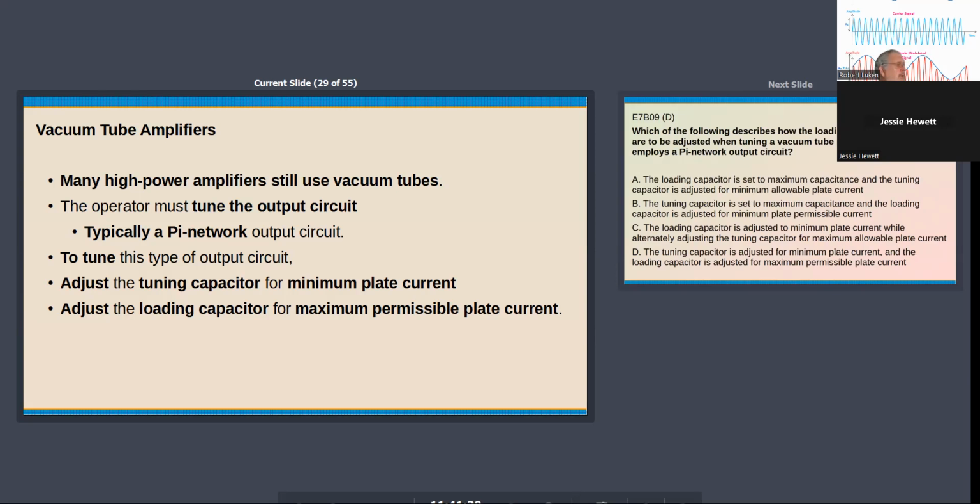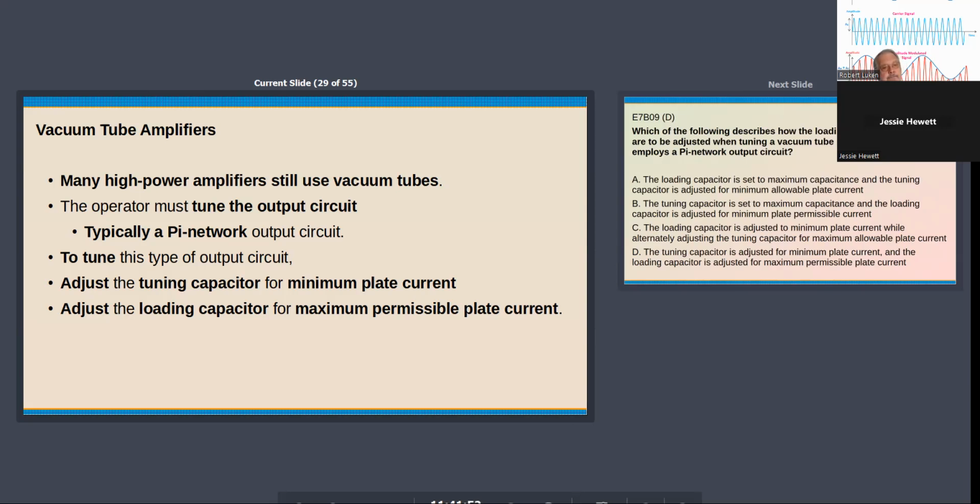I'm not sure if it changes with the mode. The Pi network is a shunt capacitor on the input, a shunt capacitor on the output, and a series inductor in between, making it look like a pi symbol.